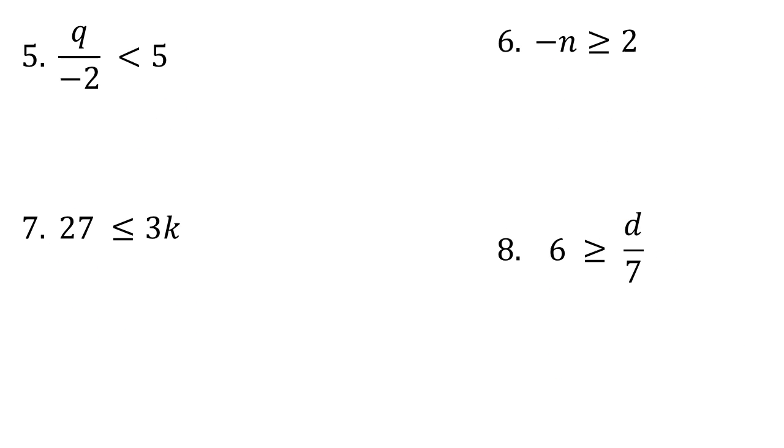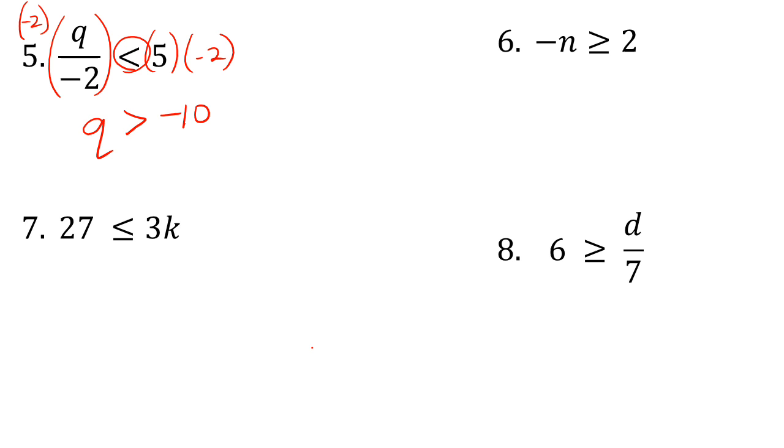So here we go. We're going to take a look at problem number 5. What we're going to do is we're going to multiply both sides by negative 2. So what that does is that flips our inequality sign to greater than. So this is q is greater than negative 10.